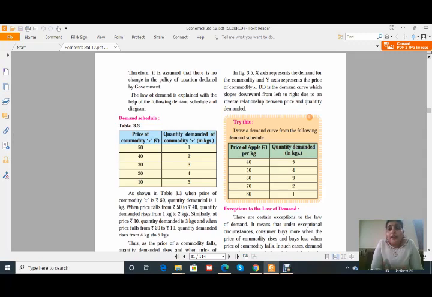After that you have to write the assumptions or exceptions, whatever is asked in the question. The answer for the law of demand is like: introduction of the law, statement of the law, demand schedule, and explanation of the figure, and the last line should be like this only.